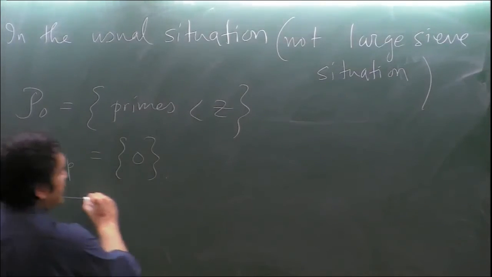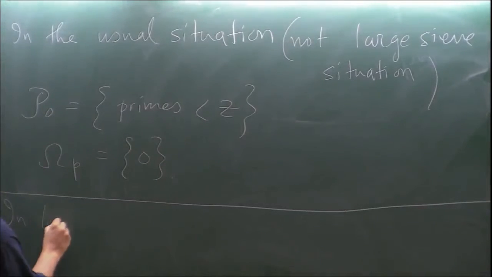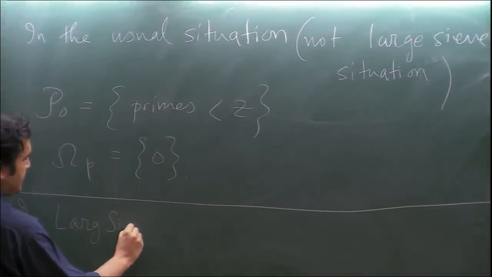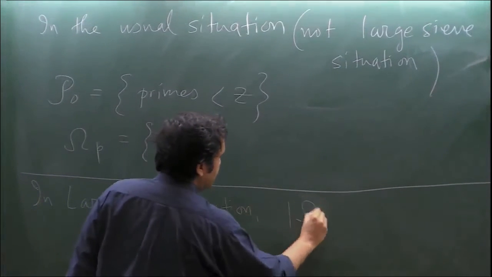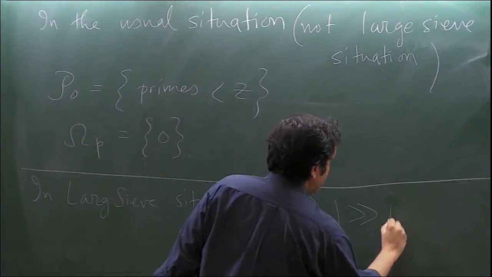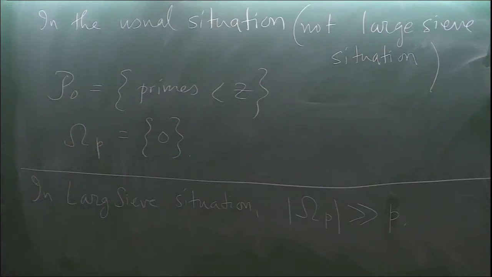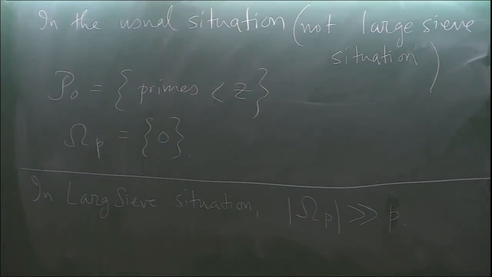So you can get almost primes from an interesting sequence A if you have this choice. But in large sieve situation, this omega p is going to be quite large. The size of omega p will be like a fraction of p, like p by 2 or something like that. So this is why they are called large sieve, because the sets are large.